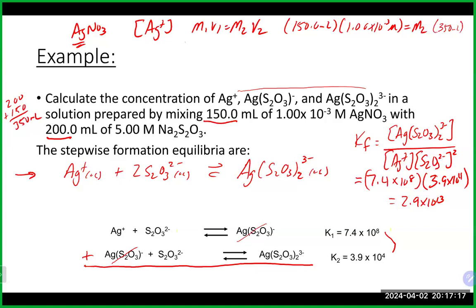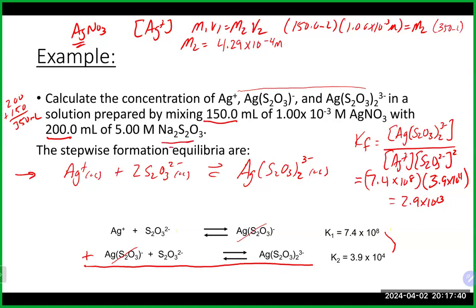If we solve for M2 for our silver, that's going to be 150 times 1 times 10 to the minus 3 divided by 350. That's going to get us 4.29 times 10 to the minus 4 molar.